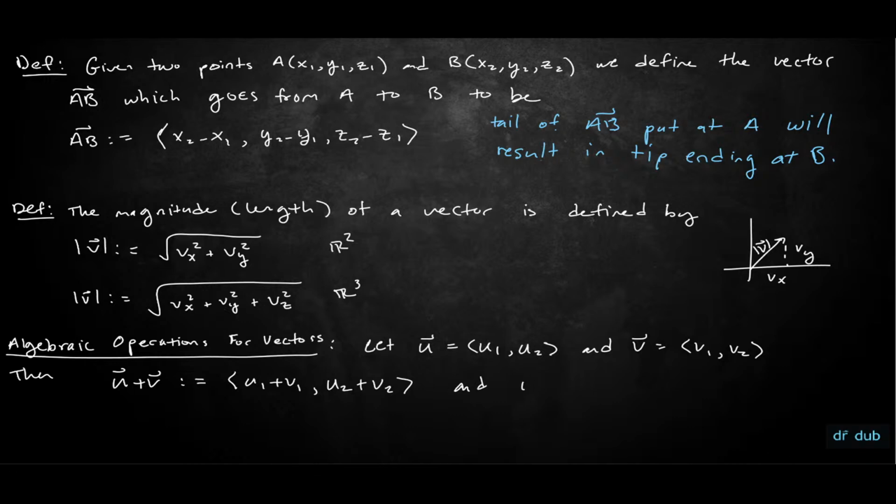And u minus v is defined to be u1 minus v1 comma u2 minus v2. So you just subtract the corresponding components, or add them, depending on what you're doing.